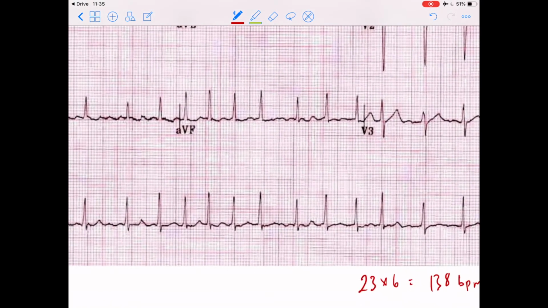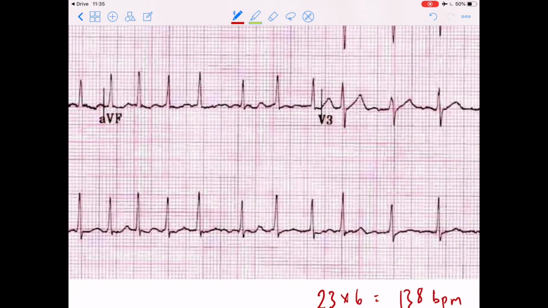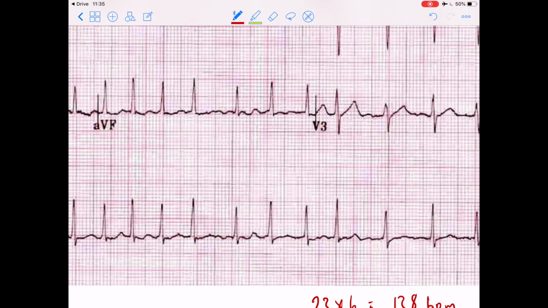Next step is looking for a P wave. So if we zoom in here, you'd expect a P wave to be before our QRS complex. And we do see some of these squiggles here, but there's not the same morphology across the whole ECG strip as we would expect with a P wave.